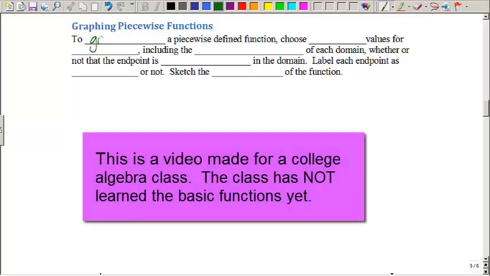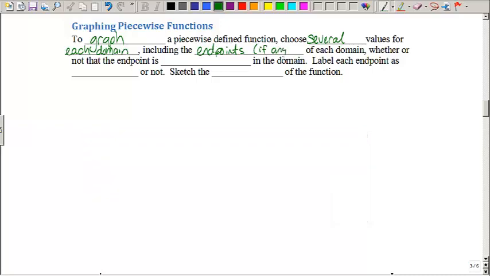In order to graph a piecewise defined function, we need to choose several values for each domain, including the endpoints, if there is any, of each domain, whether or not that endpoint is actually included in the domain or not.